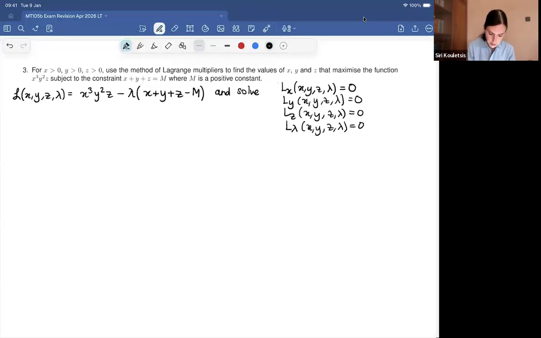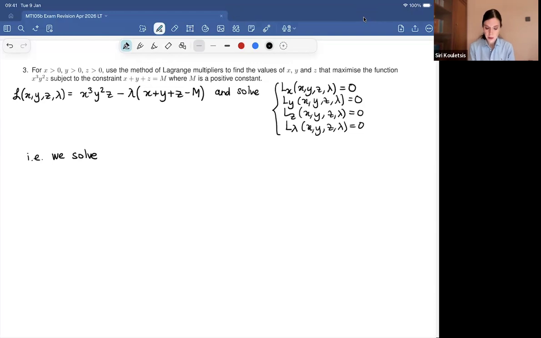In other words, we're just finding critical points of the Lagrangian. And so basically here we just need to be on top of our differentiating skills.